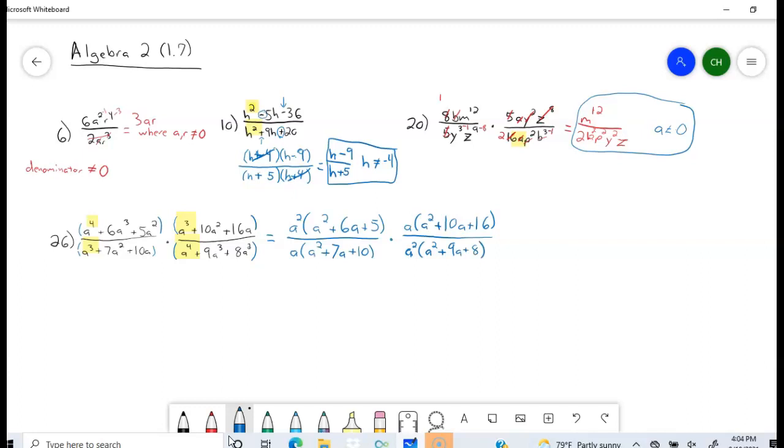All right, so now I have quadratics. Red flag tells me I need to factor quadratics, but I like small stuff better than big stuff, so I'm going to go ahead and cancel out a squared with a squared, a with a. That's less that I have to keep up with. Now I need to factor everything.